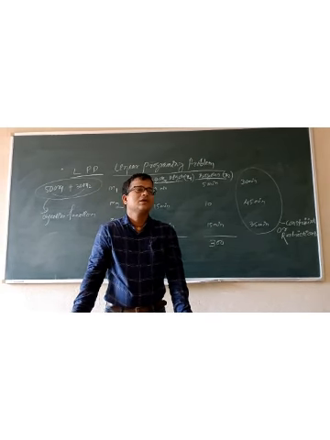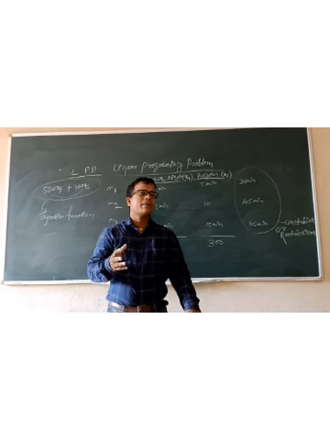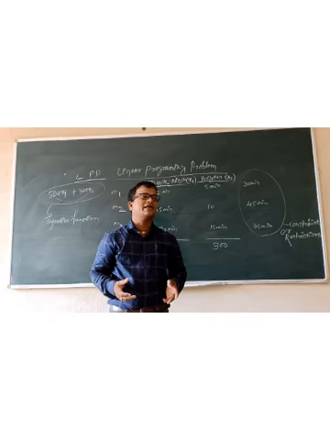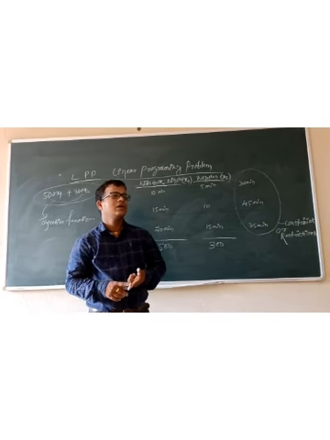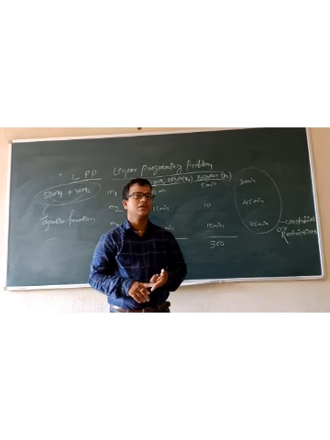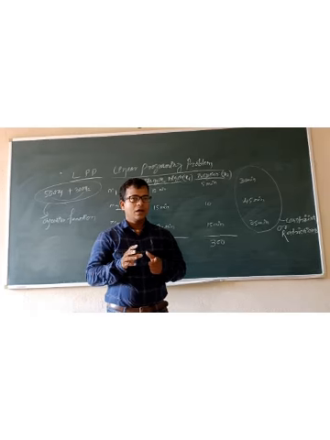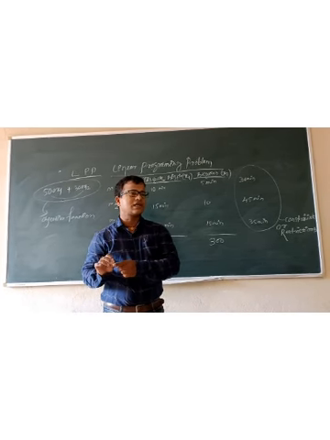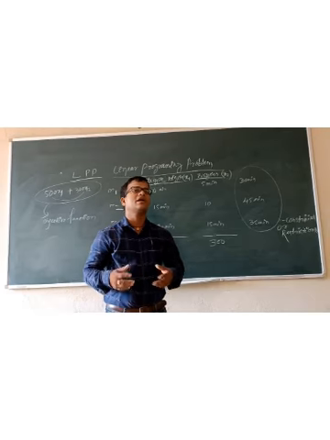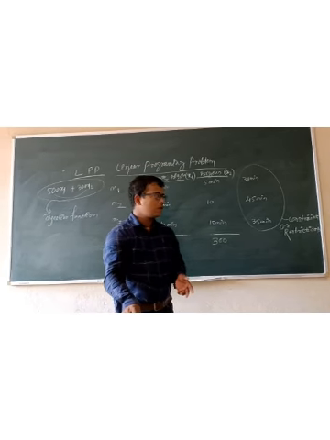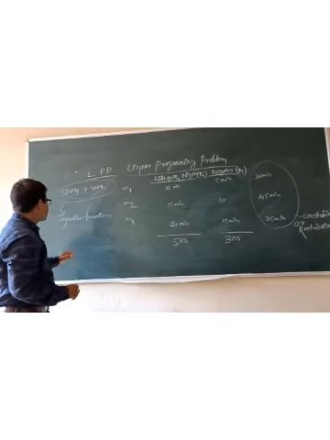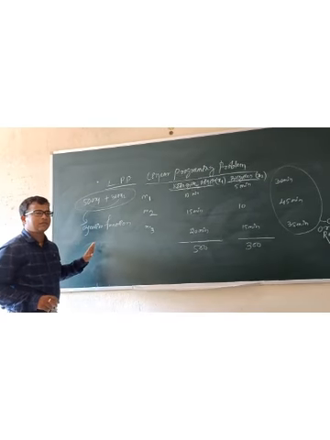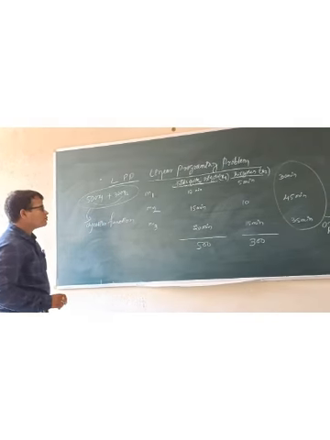But he wants to get maximum profit. He wants to minimize the time duration and the money. By minimizing the time duration and the money, you will get the maximum profit. So the objective function is to be maximized or minimized.